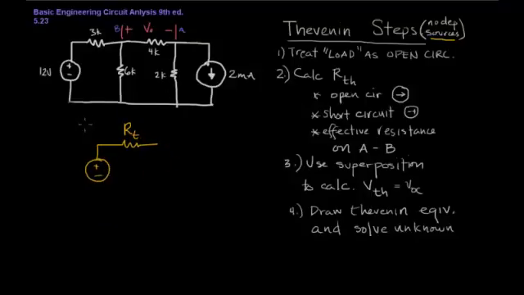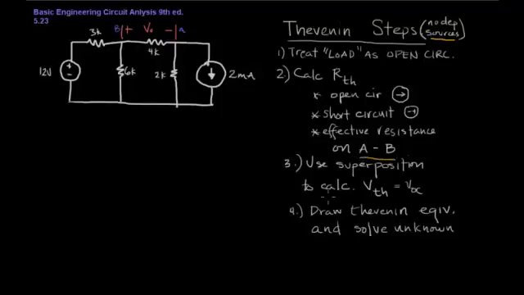Okay, so then we'll calculate the Thevenin resistance. To do that, we just pull all of the sources out of the circuit, treating them the way that they're supposed to be treated, and then calculate the effective resistance from A to B, which I just randomly assign values to the nodes to highlight this point.